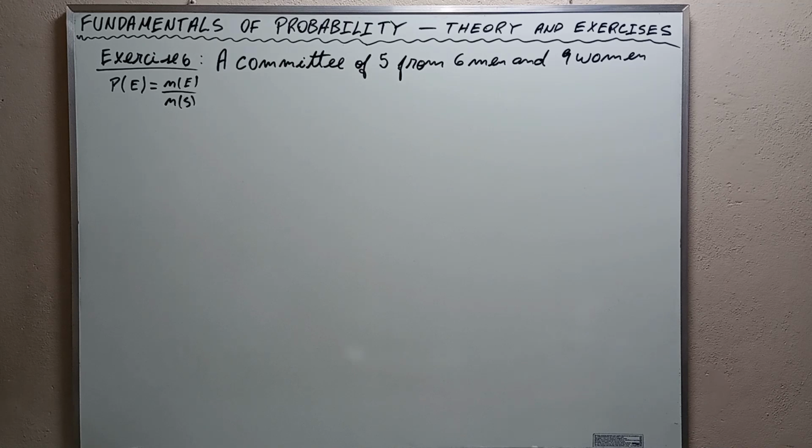So we need to understand our sample space. If the selection is random, regardless of gender, and with no replacement, meaning that no one can occupy more than one position at a time in the committee, okay?